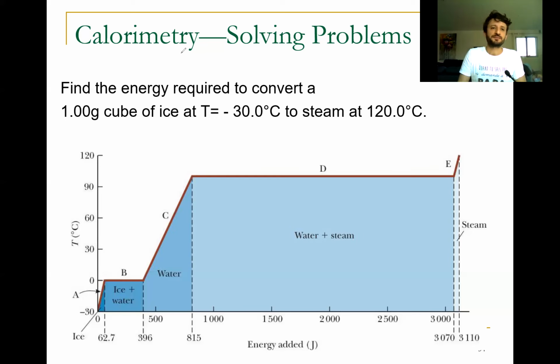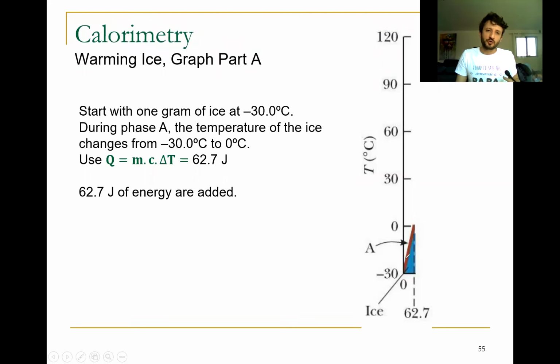First of all, in the first case, in the zone A, I want to convert the ice from -30 to 0. I give a quantity of energy to increase the temperature from -30 to 0.